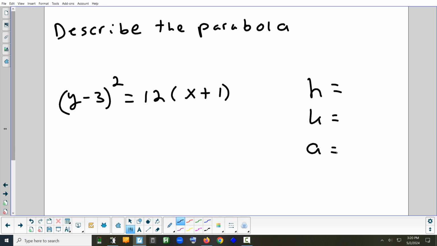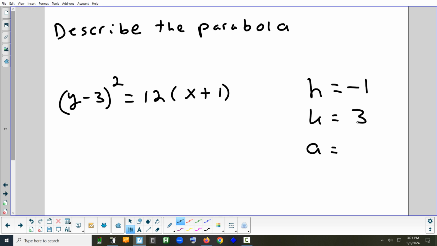Let's start with H and K. What is H going to be in this case? 3. Oh, wait, no. -1. Right. H is always paired up with the X, K is always paired up with the Y. So look for the number after the minus sign. X minus -1. Okay, what about K? 3. K is 3.